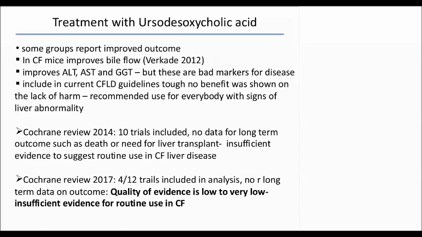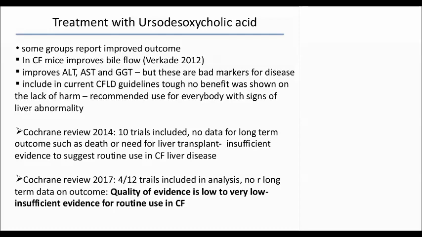One that comes to mind, which is commonly used, is ursodeoxycholic acid, being very frequently used in liver diseases other than CF. I know my pediatric colleagues use it very commonly in babies with biliary atresia, but also in adults and children with primary sclerosing cholangitis.